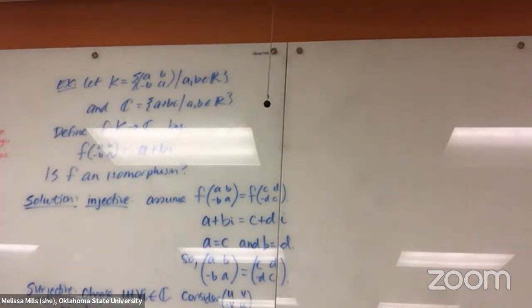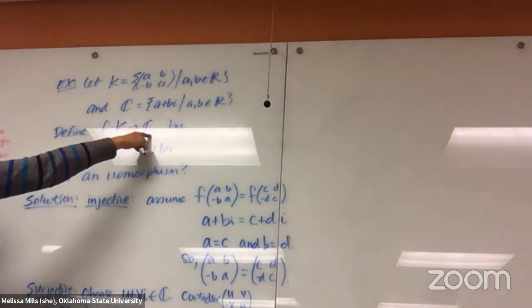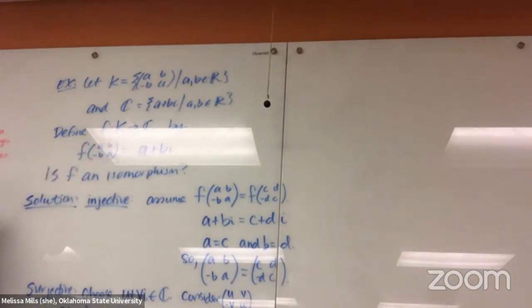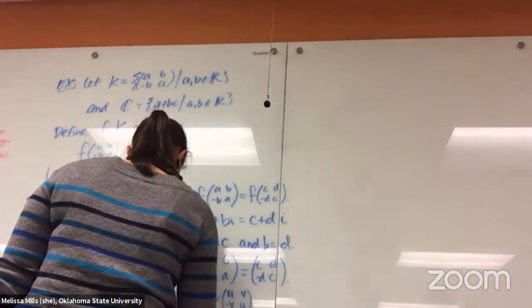And so by our definition, I've chosen something over here and I found something that maps to it. So it's surjective. There's not a lot to do here because it just falls out from the definition of the mapping. So it's surjective.